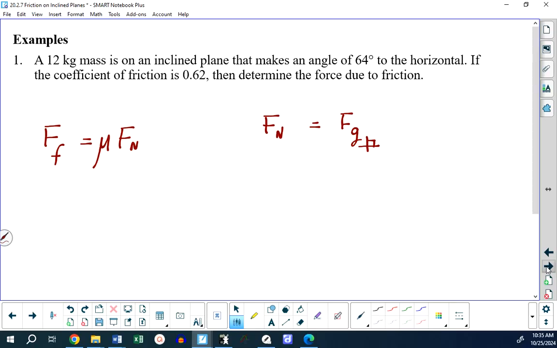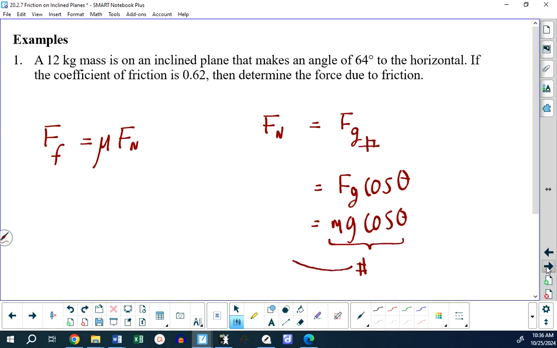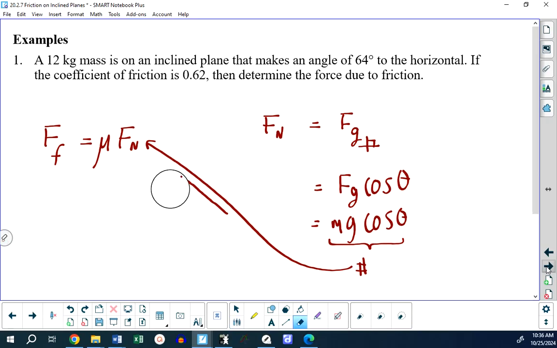So if you look up here, please, and I know that many of you are eager to just get to the answer. You know how to do it. But if you look up here, I suppose what you could do is go Fg cos theta, and then go mg cos theta, and actually calculate this number and put the number, whatever you get, in here.